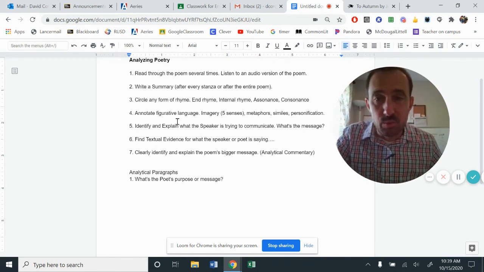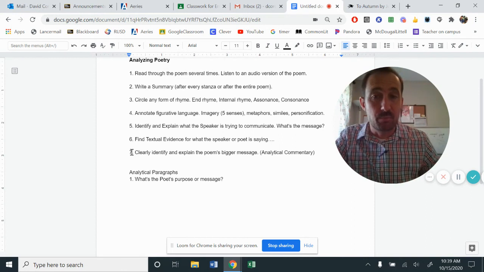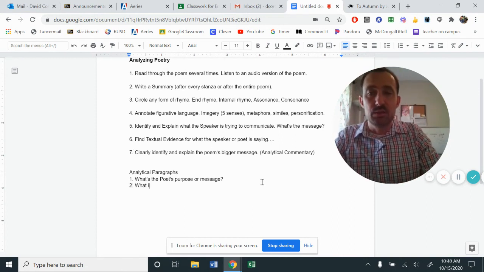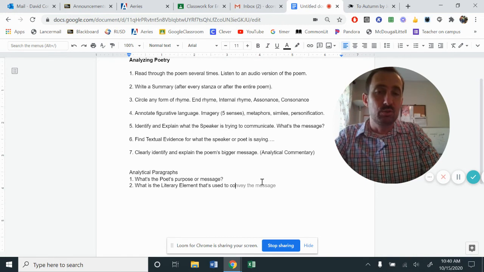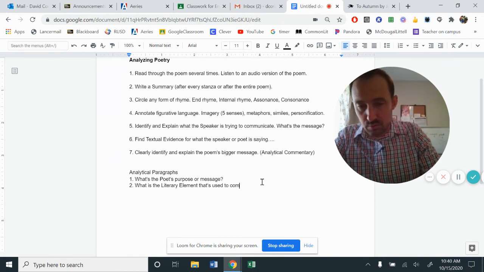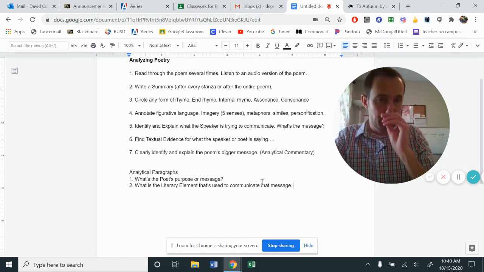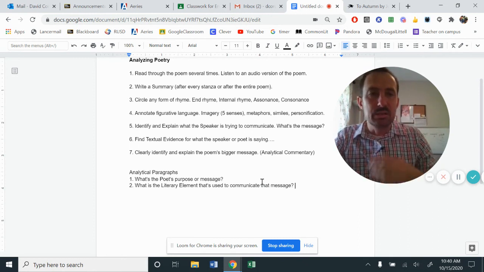Okay, and that's what we did for number 5 and we did for number 7. And then the other component that you do is what is the literary element that's used to communicate that message, right? What is that literary element?